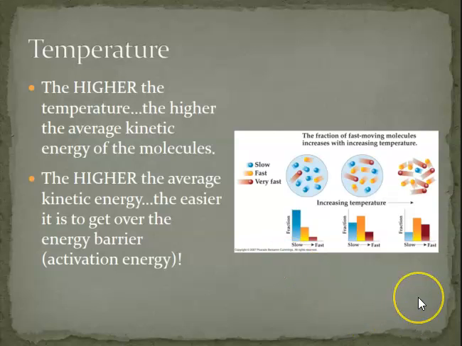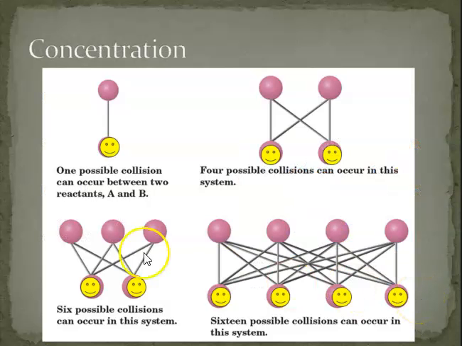What about concentration? Also a fairly obvious one. If I only have 2 reactant particles here, like A and B, there's only 1 possible collision. If I have 2 of each, now there's 4 possible collisions. The more stuff you have, the more possible collisions you could have that would result in the formation of product.